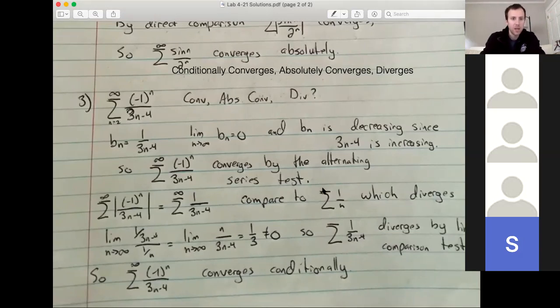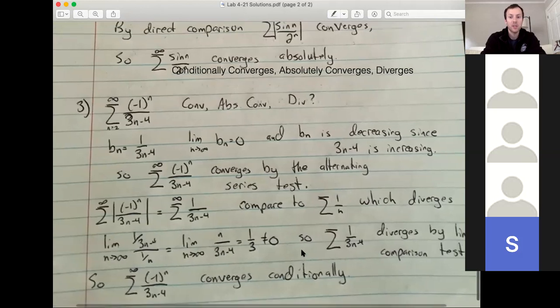I don't think the direct comparison test works, but if you do a limit comparison, so form the fraction out of the original series and the comparison series and take the limit. So flip and multiply to get the n on top. n over n, n's in the top and bottom, the limit is 1/3.